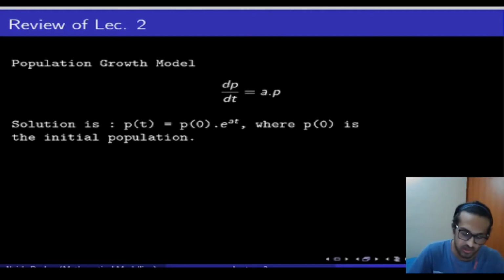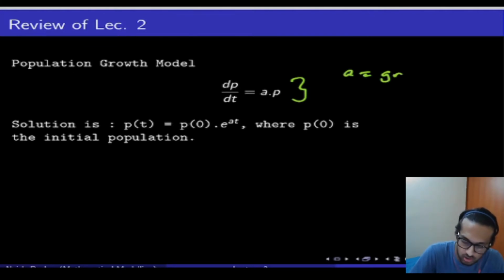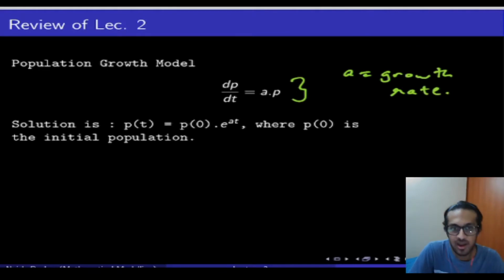We discussed that the population growth model is defined as follows: dP/dt is equal to a into P, where a is usually called the growth rate. Sometimes a is defined as the birth rate minus the death rate.